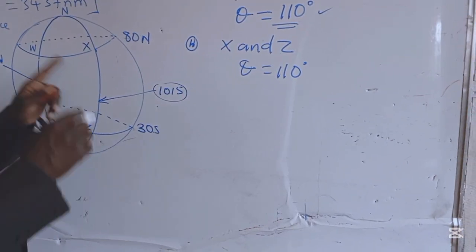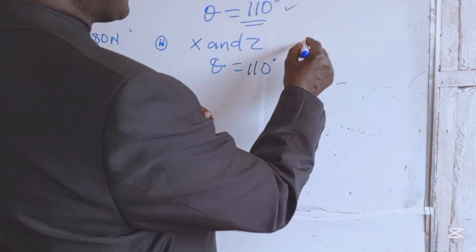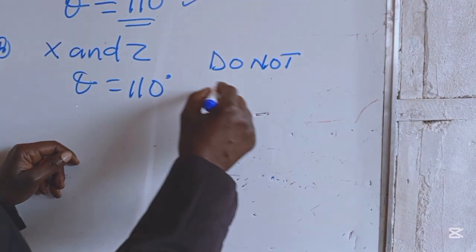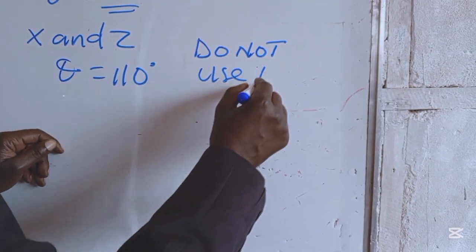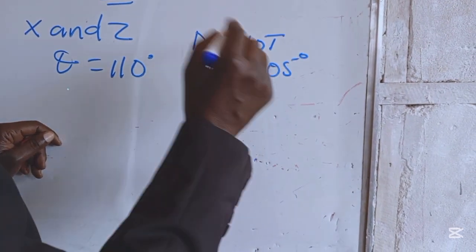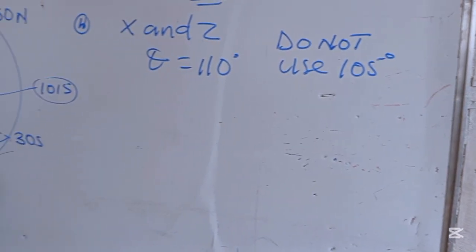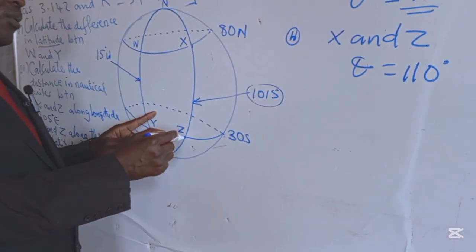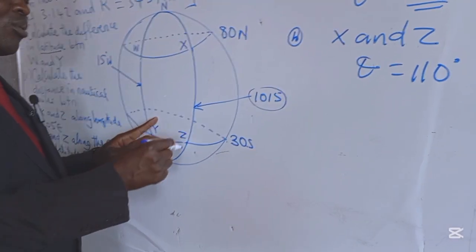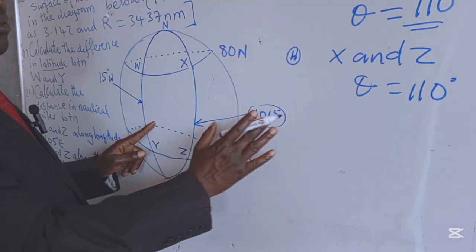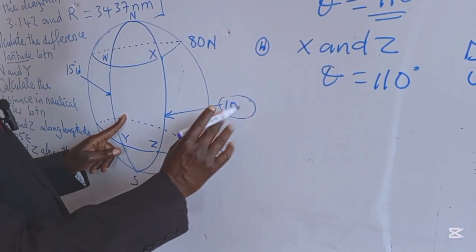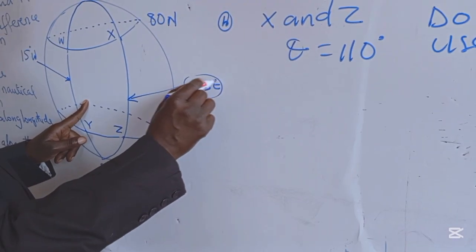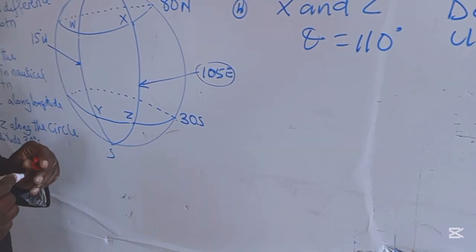I will even write here, do not use 105 degrees. Why? They are just trying to direct you to say it is along this. The distance they are talking about is along the longitude. Please, this 105 degrees east is just what they are trying to emphasize.